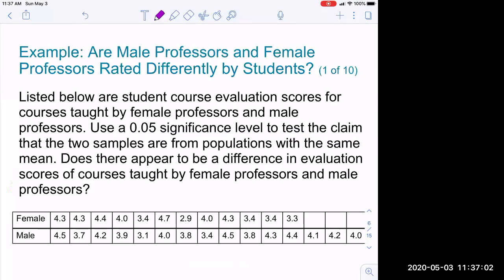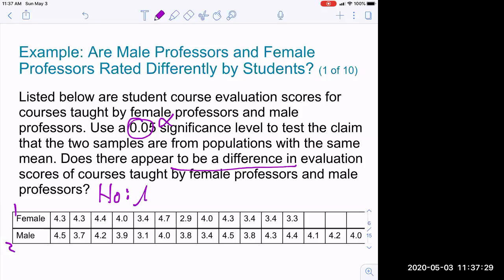So here's our data. We've got female and male professors. They got their course ratings, and the question or claim, does there appear to be a difference in the evaluation scores? So we've got our alpha. And from here, here's my null. So let's call this population 1 and 2.